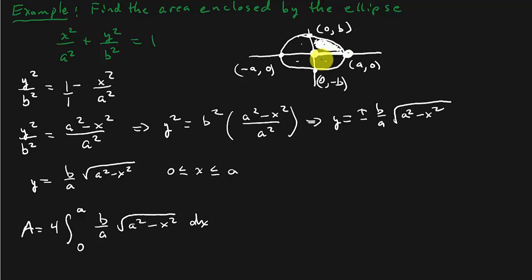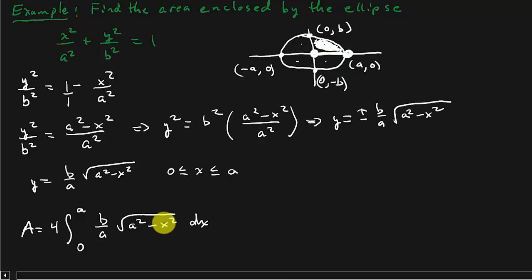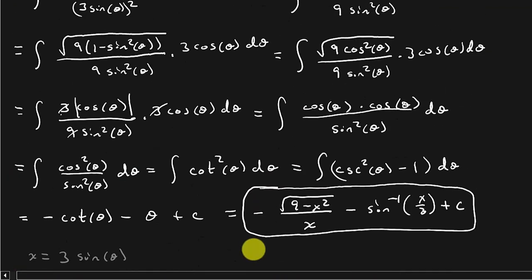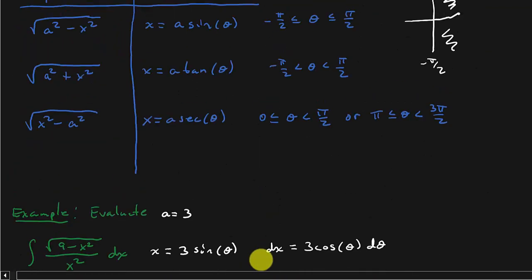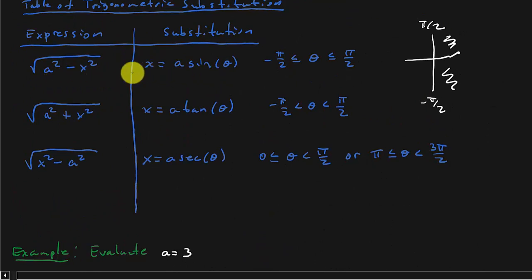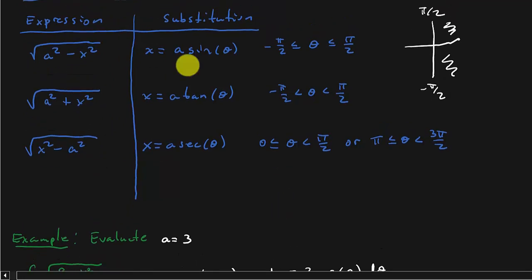All right, so what substitution do I make? Well, I've got a squared minus x squared. That's this one up here. If you haven't already, pause the video and write each of those down, because I'm not going to keep coming back up to it.